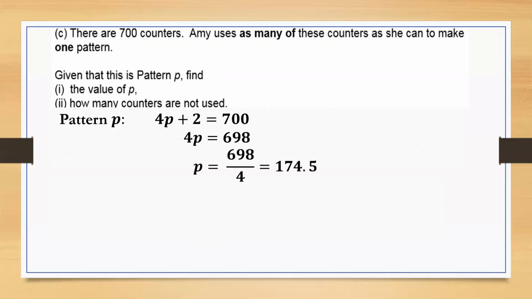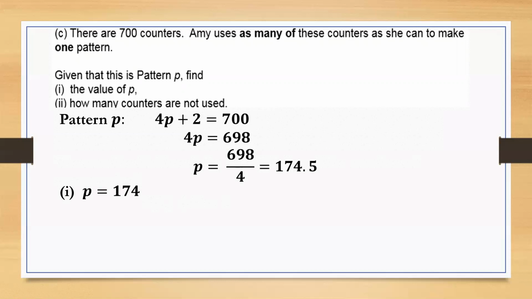So P will be equal to 174.5. Is it possible? Can I have a pattern number 174.5? No. So P is going to be equal to 174 because the pattern number should be an integer.